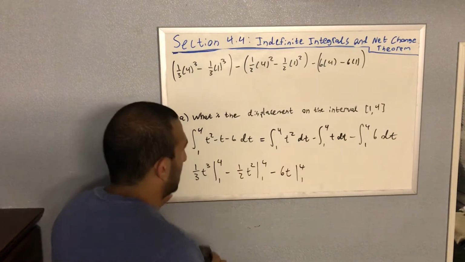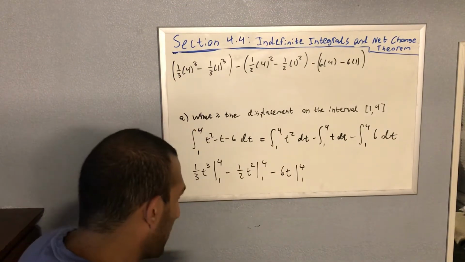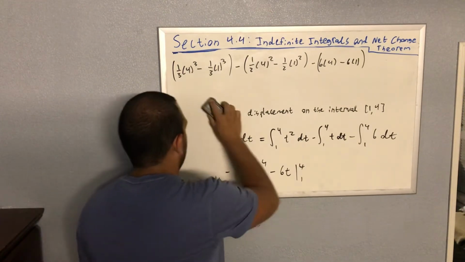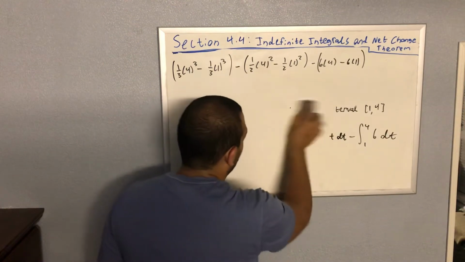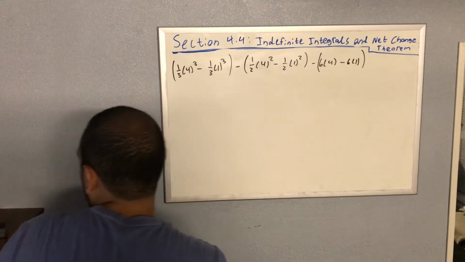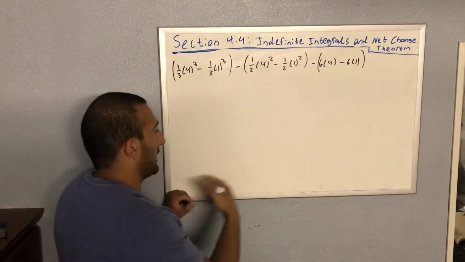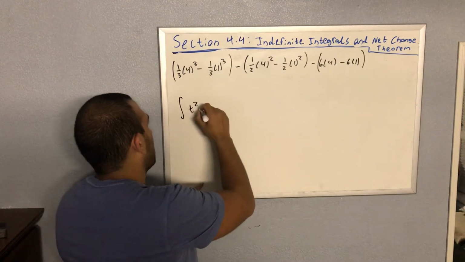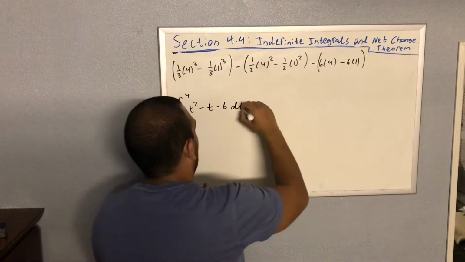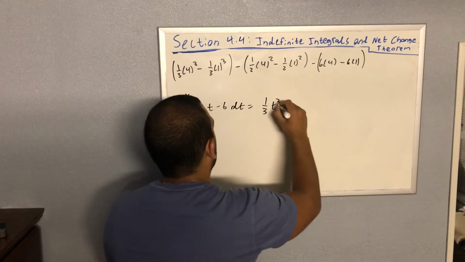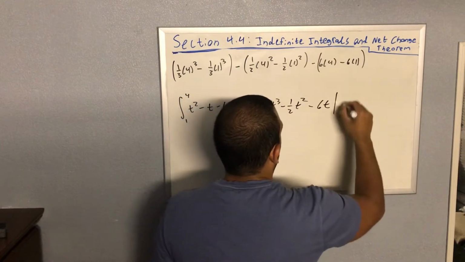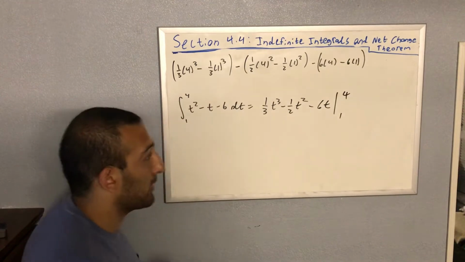Now this is one way to do it. Another way is to kind of combine it all. At the end of the day, it's not going to matter really. What I mean is, the integral we found was 1/3 t cubed minus 1/2 t squared minus 6t, and we could have then evaluated the whole thing from 1 to 4.